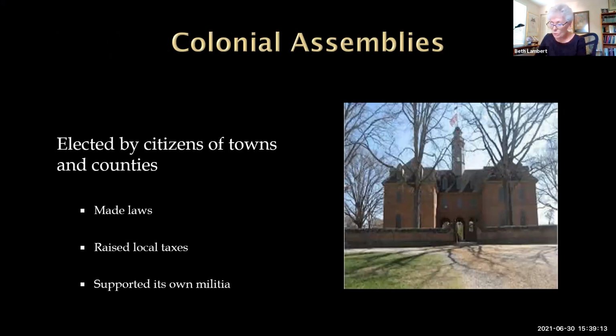What this group did, they made laws, they raised local taxes, and they supported their own militia. So every county, every state had this jumble of unique circumstances, individually governing locally and without any recourse really to the larger governor at the top, which would be the colonial government.